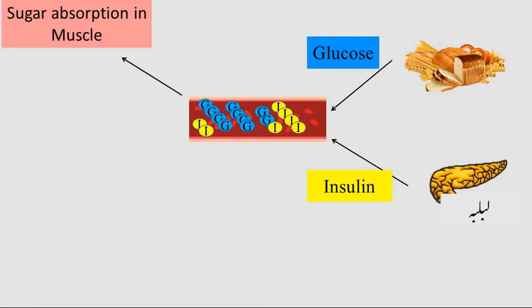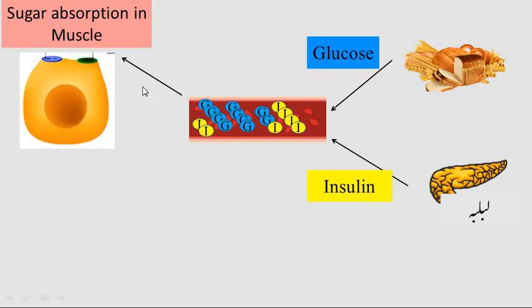So how does the process occur? Let's suppose this is a cell of a soft muscle, soft tissue, and the cell has two channels. The first channel or gate is a gate for insulin, where the insulin molecule comes and sits here, and it acts like a key to this lock, and this lock opens this hole or channel or gate, whatever you say.